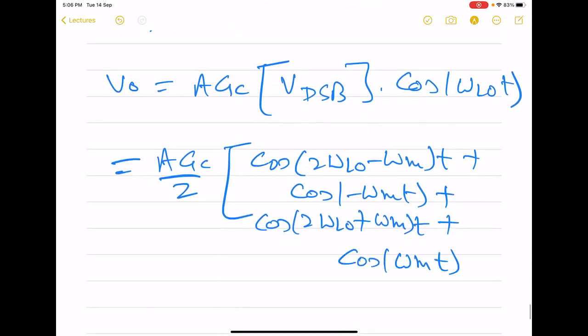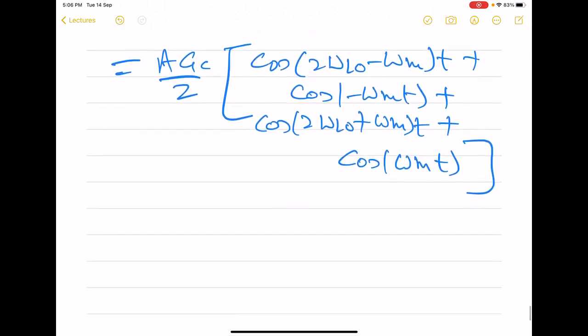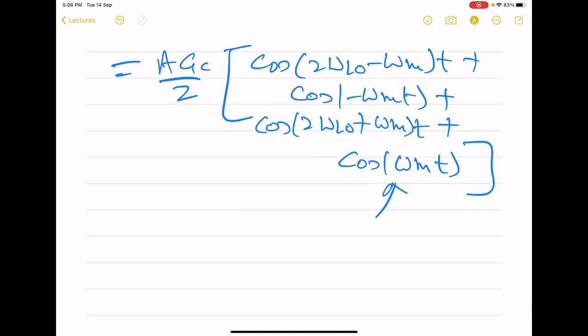So these are the four components that we will get. And out of these, these two are the components in which we will be interested.